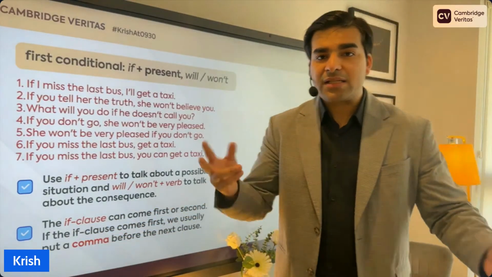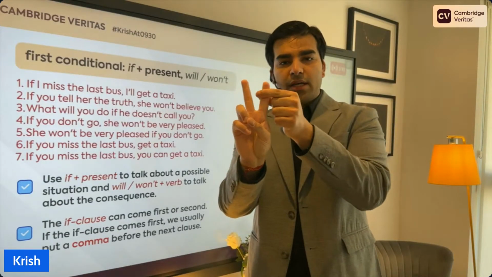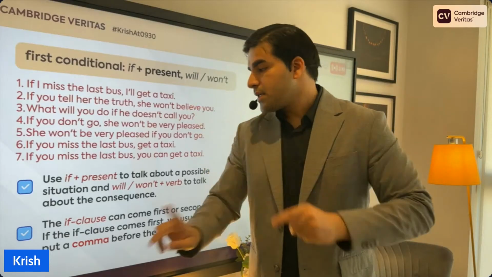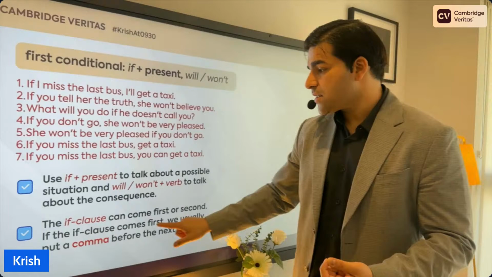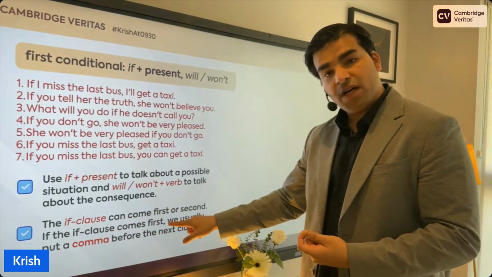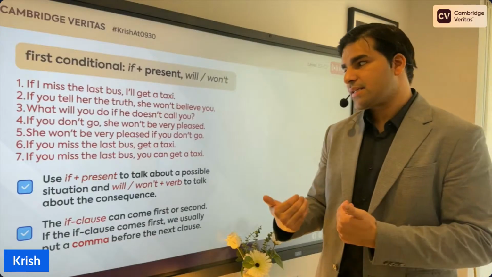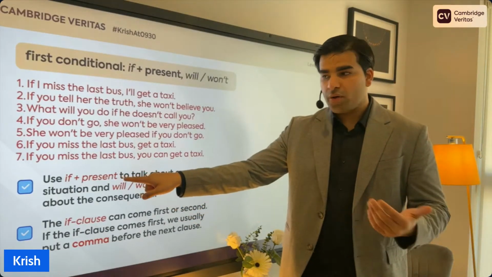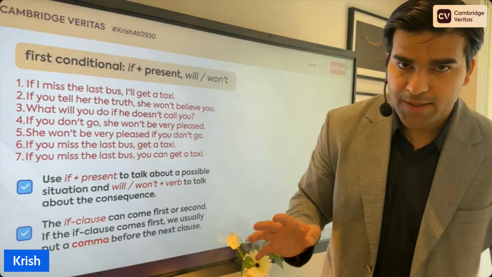When the sentences are divided in multiple parts, each part is called a clause. So clause is nothing but part of the sentence. So the if part can come first or second, as we discussed. If the if comes first, we usually put a comma before the next clause. We discussed it as well. So remember these two things. Number one, with if, always present, and it can be interchanged as well. All right.